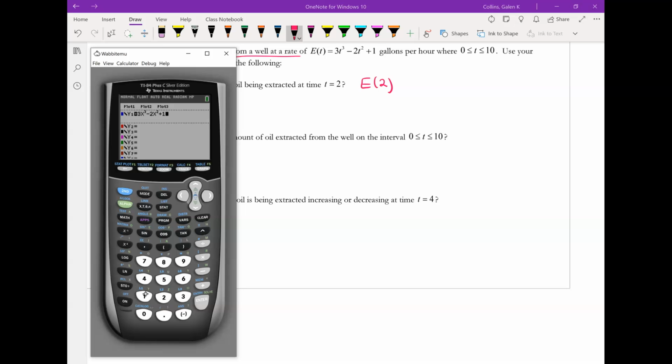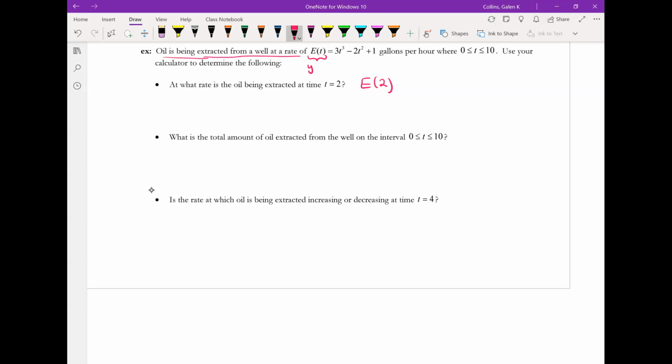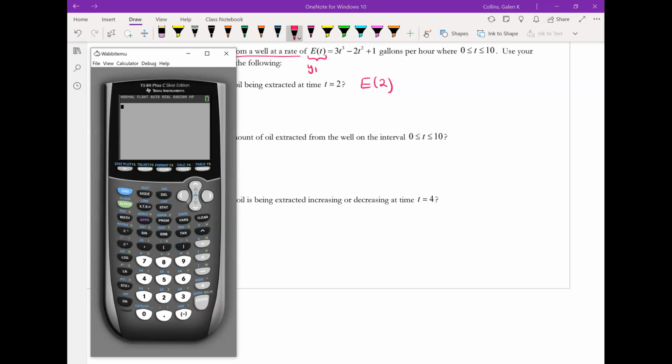And then if we quit out of that, so second mode, if we want to evaluate E of 2, since we stored E of t into y1 in the calculator, we're going to evaluate y1 of 2. So we're going to go to vars, y-vars, function y1, because that's where we plugged in E of t.